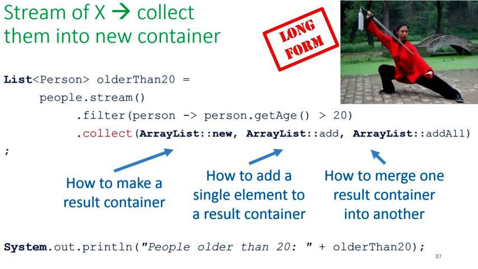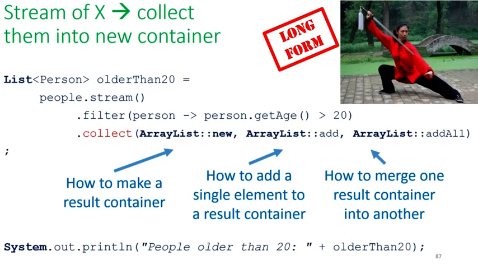Do you see what I mean? I just need to verify that I convey the correct thing. ArrayList::new, ArrayList::add, ArrayList::addAll. I'm saving just this parameter in a separate variable, like the way I'm storing a lambda, and then I'm just calling the variable name.